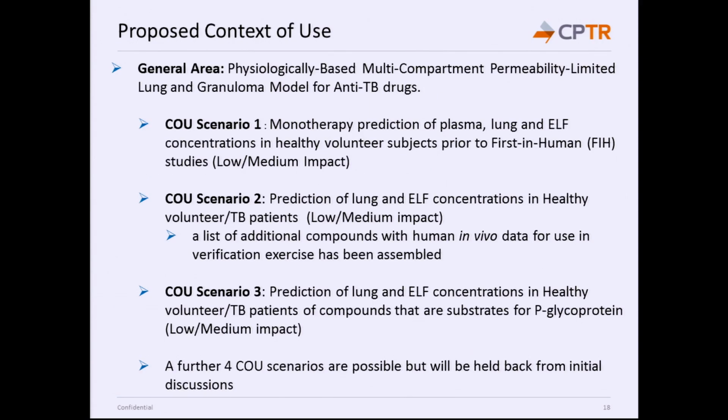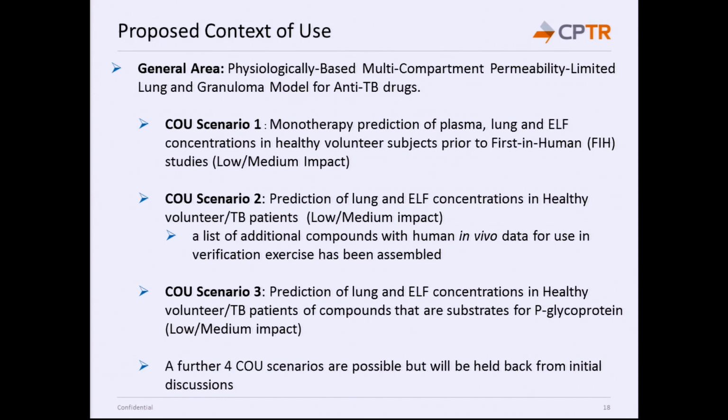For the proposed context of use for the PBPK models, we're thinking about 3 different scenarios at the moment. First, monotherapy predictions of plasma, lung, and epithelial lining fluid prior to first in human. Second, similar predictions in healthy volunteers and TB patients when you perhaps have some clinical data.